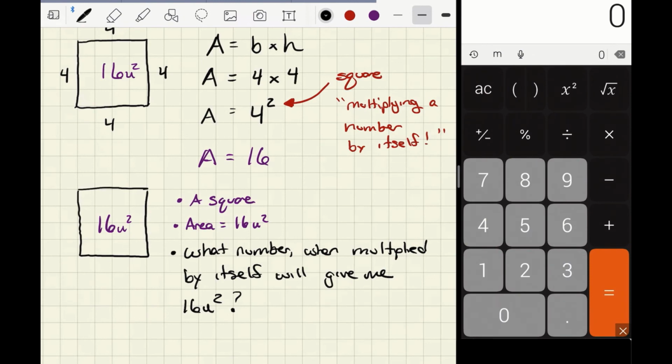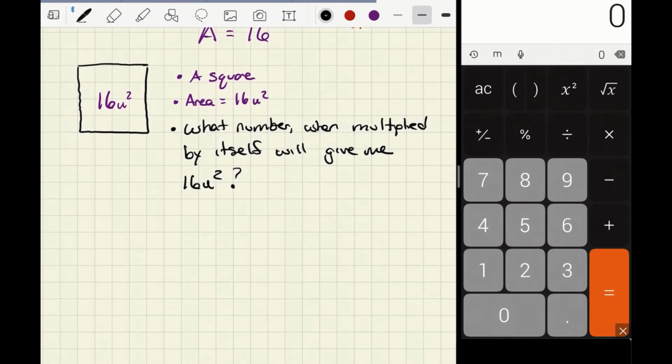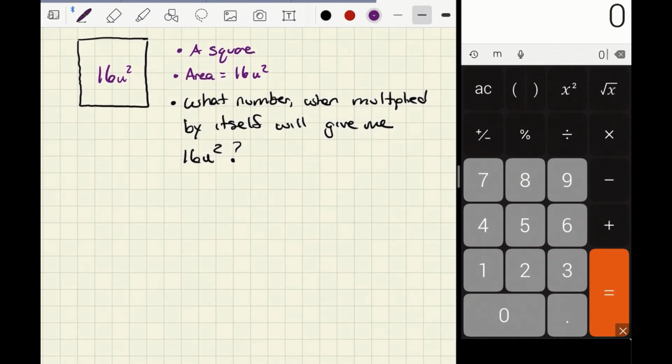Now, we've already worked this through. You know that 4 times 4 is 16. But the way that this would work mathematically is that you would take that area of 16 units squared, and you would do this.